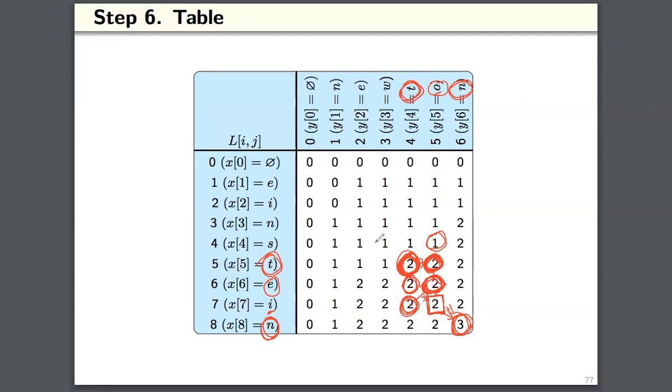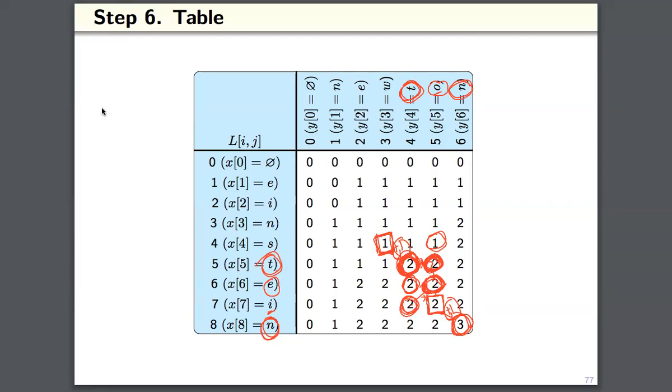If the characters match, it has to come from the diagonal cell. Value of LCS here plus 1. Make sense? So in none of these we added 1. So we added 1 here, we added 1 here. Look at this.